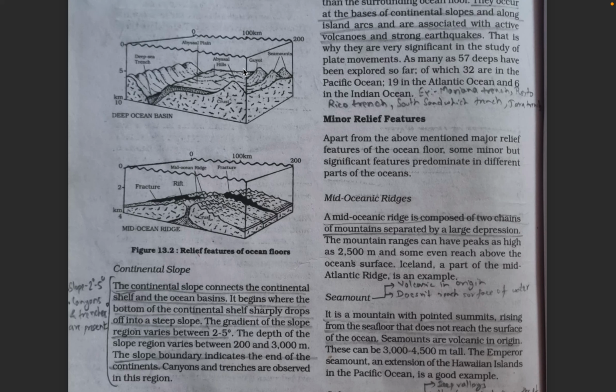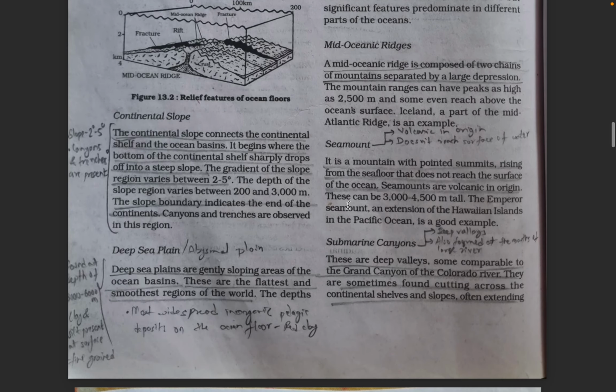And there are guyots also. Guyots are the plateaus of the sea. These are also rising from the seafloor, but they are not that steep in the upper part. So these are the guyots. Seamounts and guyots are volcanic in origin.